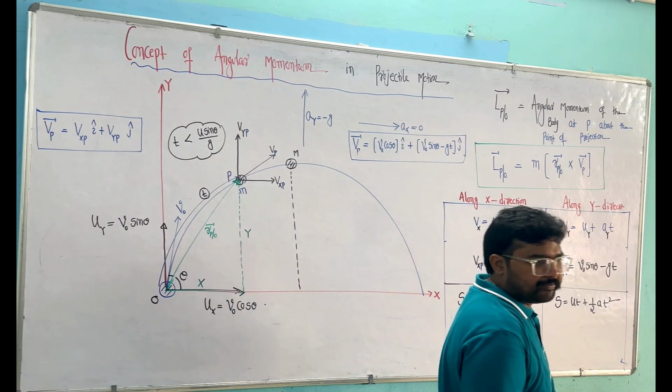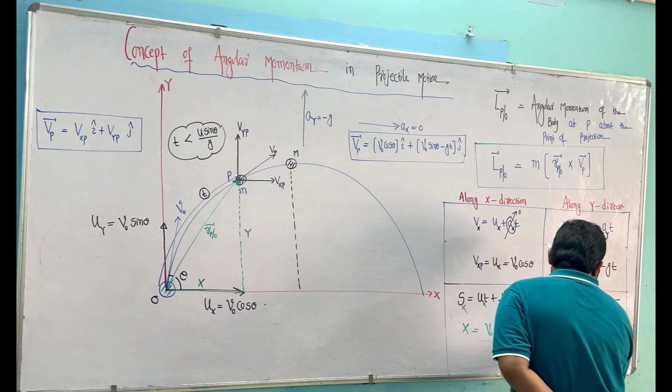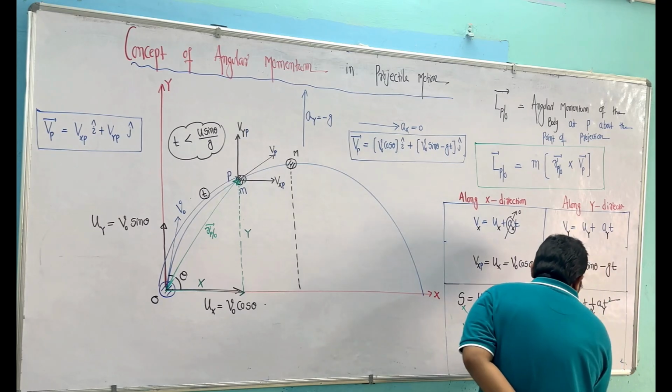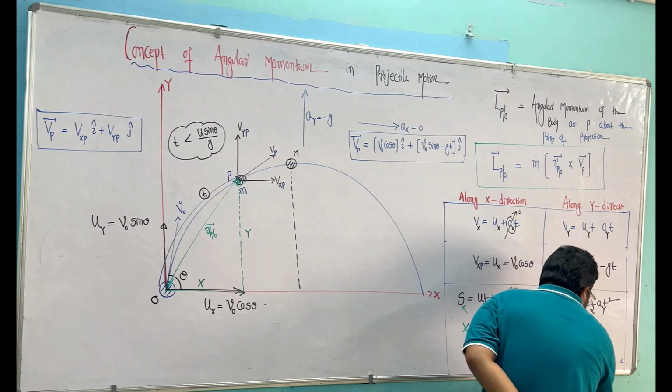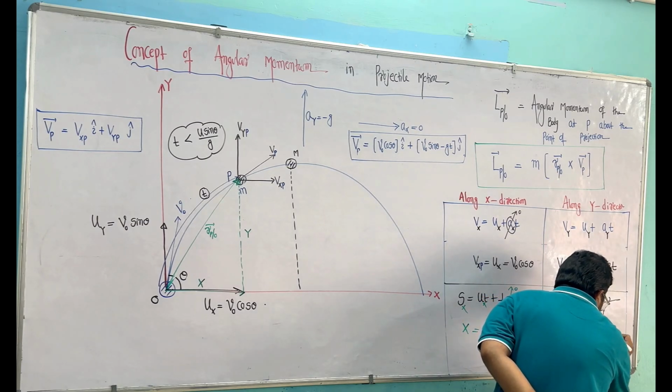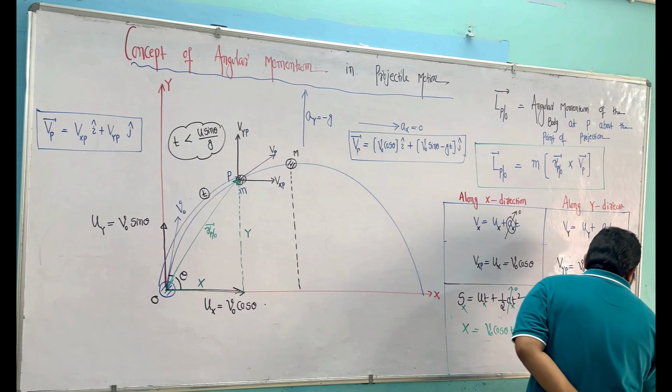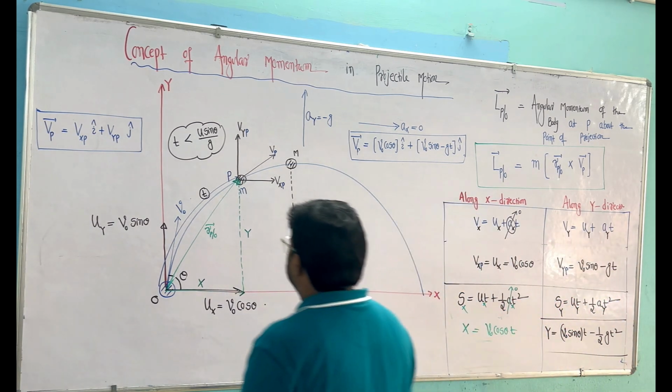What about y? Along the y direction, y is equal to V naught sin theta t minus half g t square.